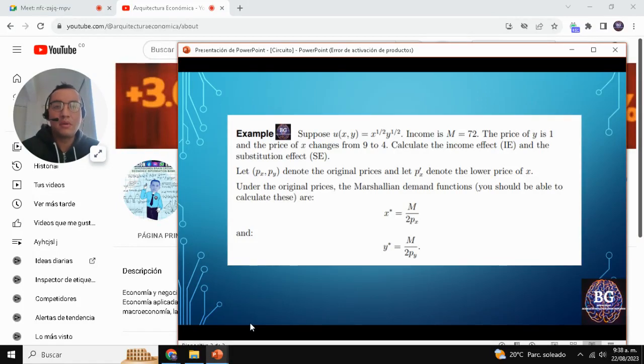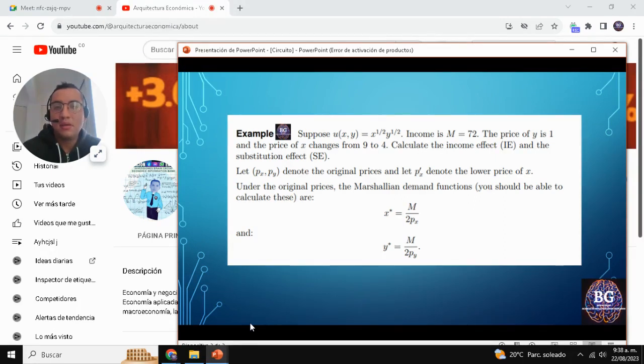Today we'll be working the next example. Suppose a function where income m equals 17.2, the price of y is 1, and the price of x changes from 9 to 4. Calculate the income effect and the substitution effect.